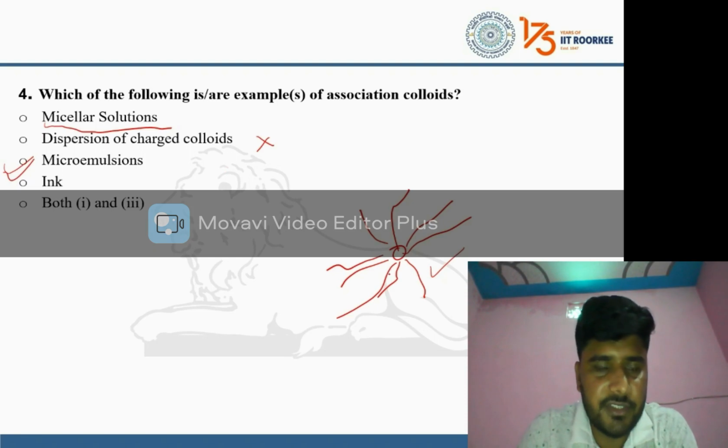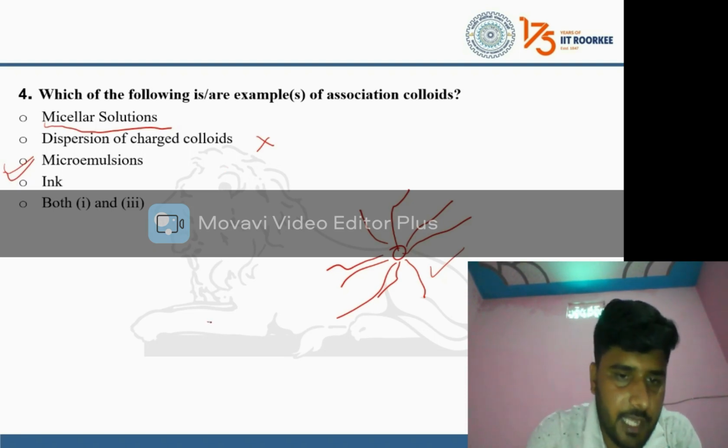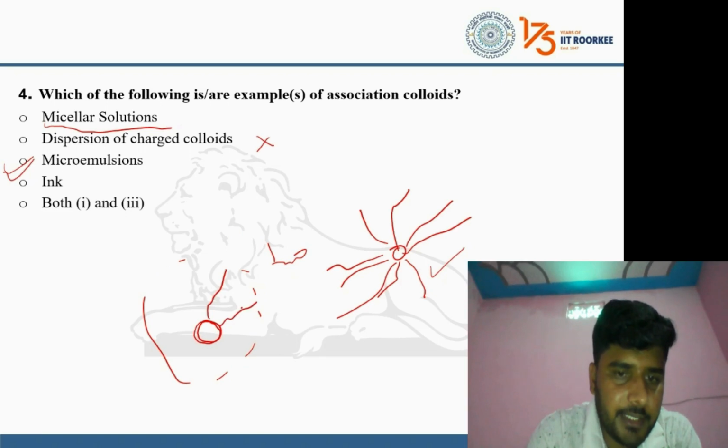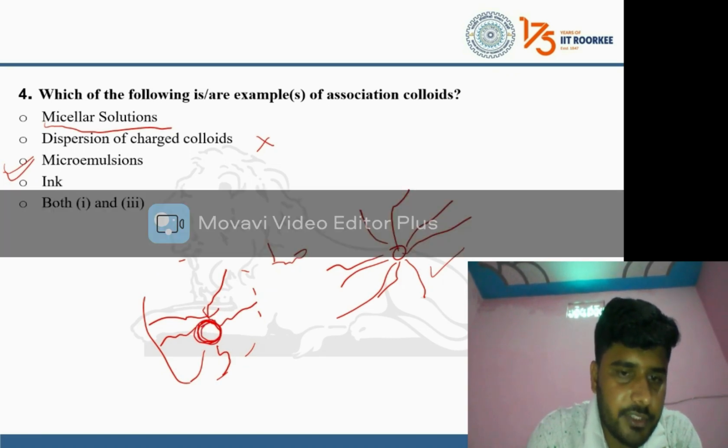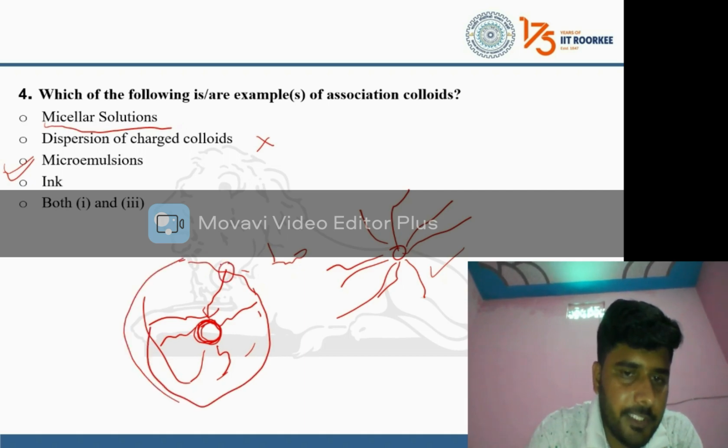Microemulsion is like when you have oil droplets here and the suspending medium is water, and some surfactant is added. The hydrophobic part is attached to the oil droplet, and the hydrophilic part is in connection with the dispersion medium.